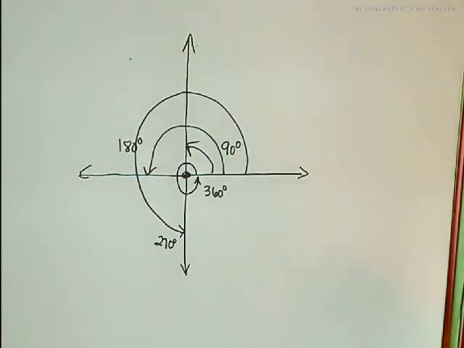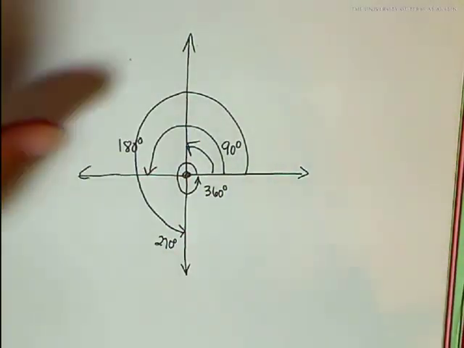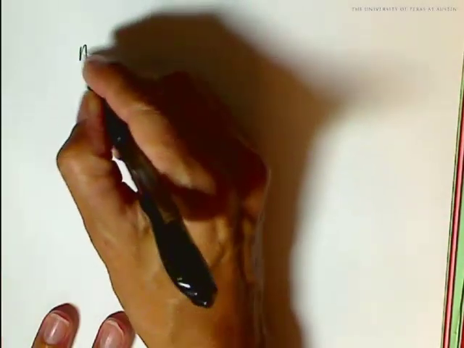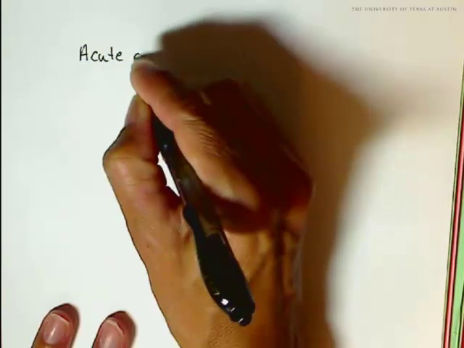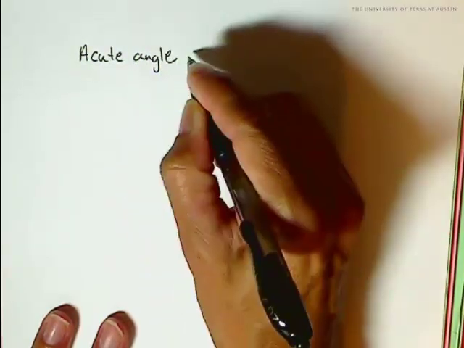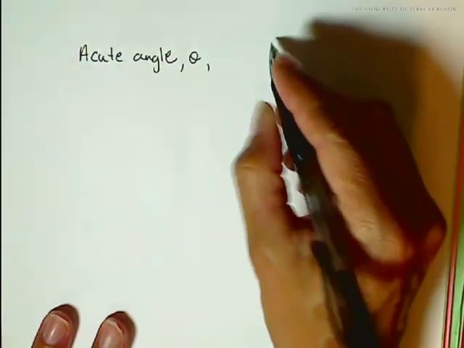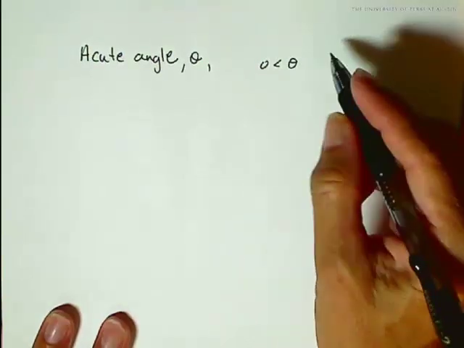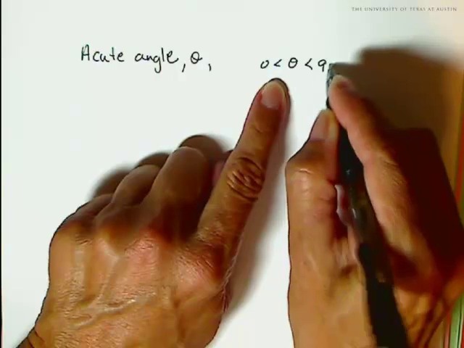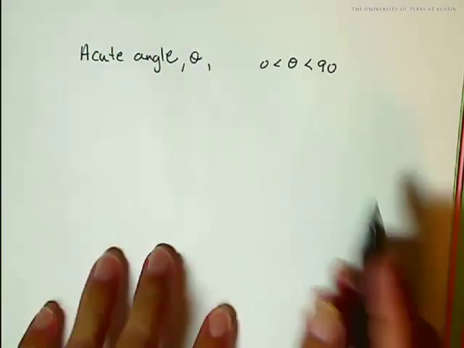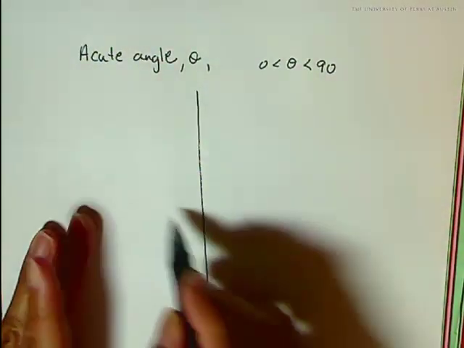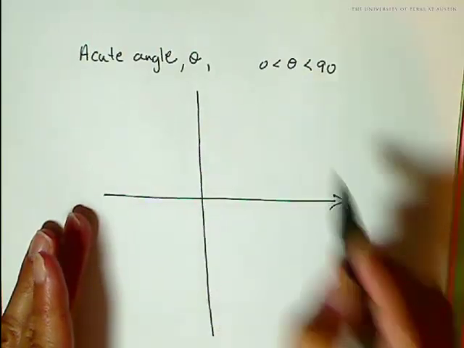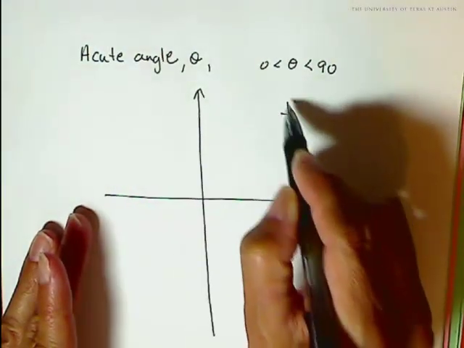Now, let's remember what an acute angle is. So an acute angle, theta, is one that measures greater than 0, so it's got to be positive, and less than 90. Okay, and so those occur, y'all recall, in the first quadrant.